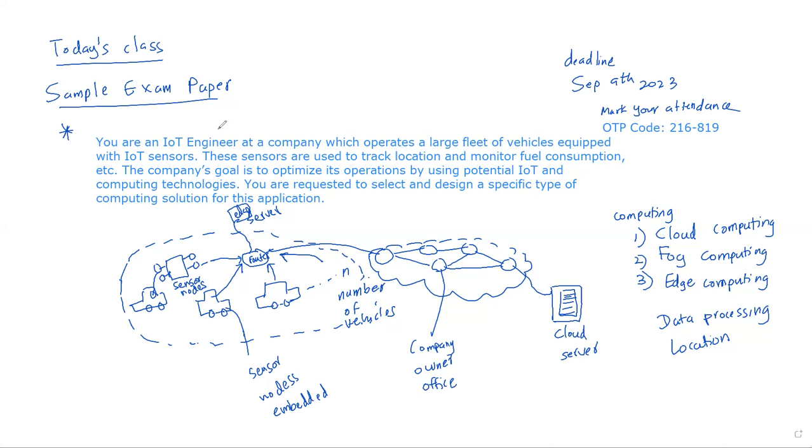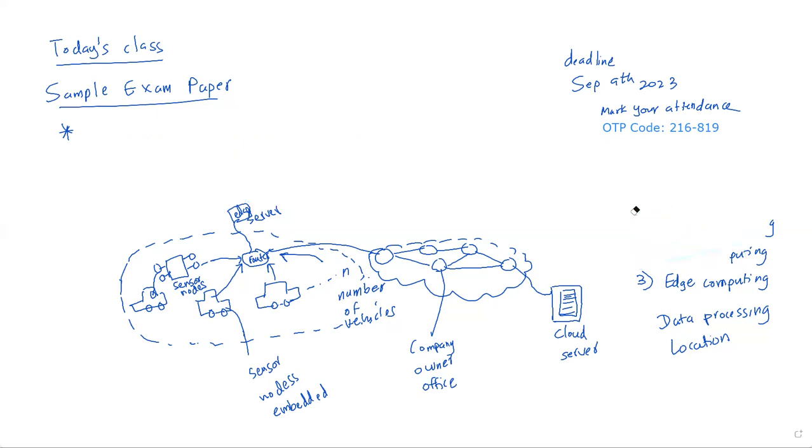In this network, there are many applications that can use these computing technologies. If we take applications, we can write mainly three applications that I discussed before. You can come up with other applications as well. These are not the concrete applications for this scenario.